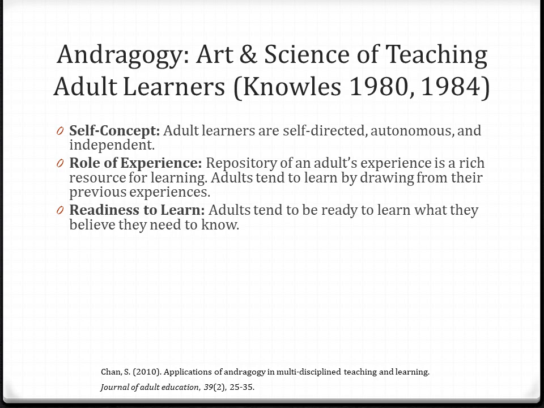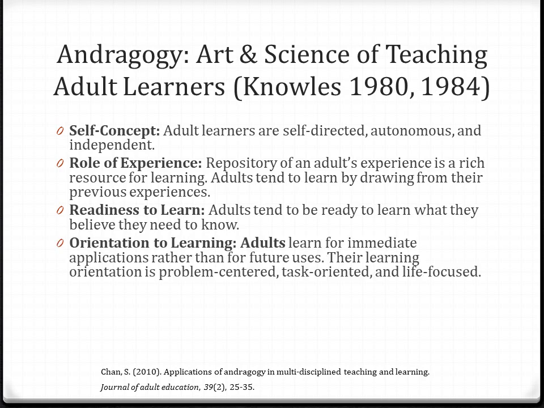Readiness to learn. Adults tend to be ready to learn what they believe they need to know, as opposed to kids who go to school and are more likely to just be told, this is what you have to learn, and try to learn it. Orientation to learning. Adults learn for immediate applications rather than for future uses.